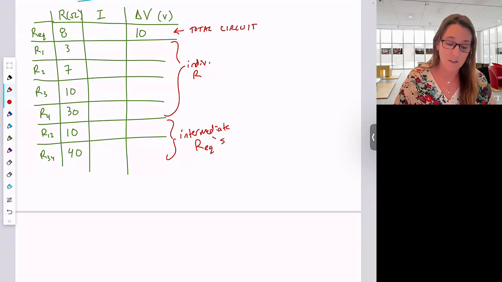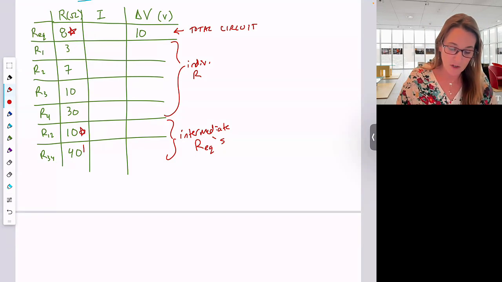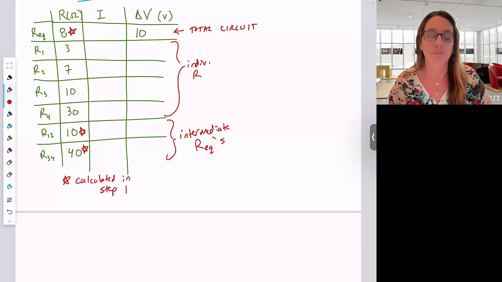I have put in the values that we've calculated already. The equivalent resistance and the intermediate equivalent resistances were all calculated in step 1 when we found the equivalent resistance of the circuit.